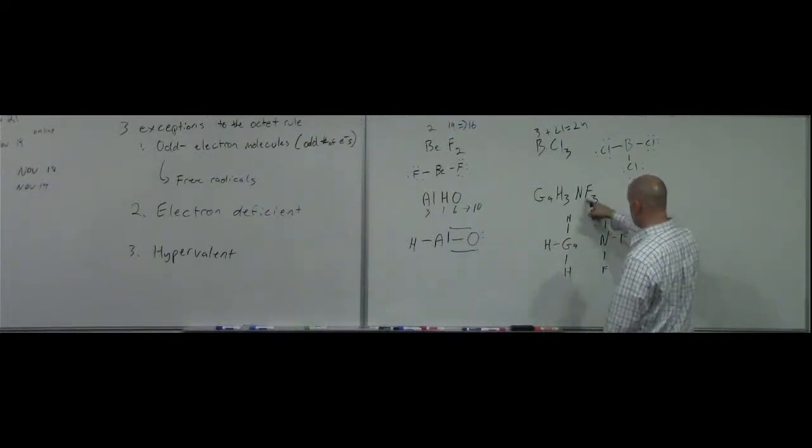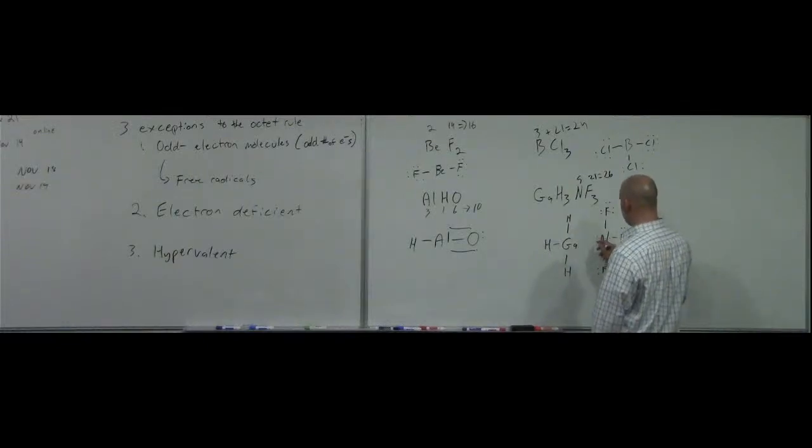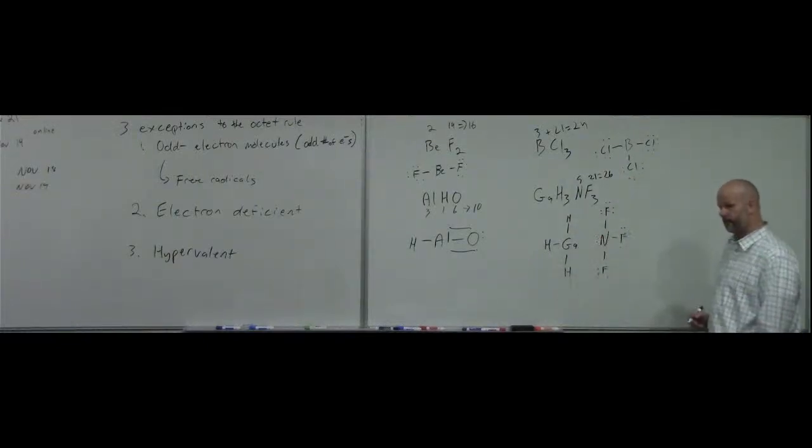Each of these has 7, so that's 21. And that's 5, so that equals 26. So I go 1, 2, 3, 4, 5, 6, 7, 8, 9, 10, 11, 12, 13, 14, 15, 16, 17, 18, 19, 20, 21, 22, 23, 24, 25, 26.